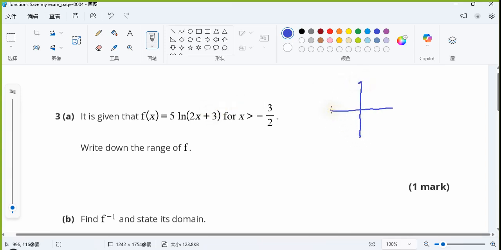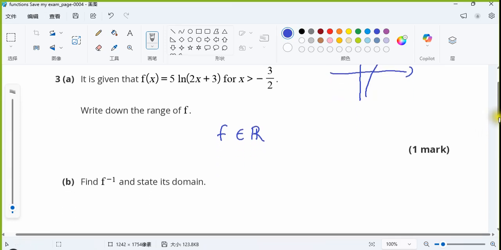So we know that the graph for ln is like this. So the range of f is the real numbers, it can be any value. And then we want to find the f inverse and state its domain.